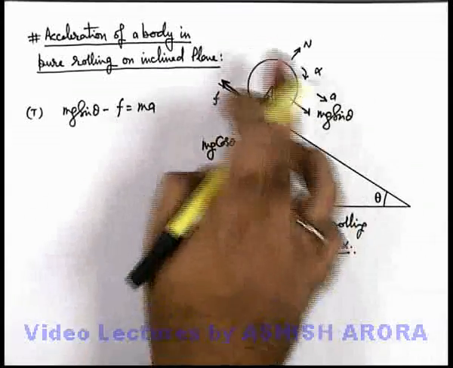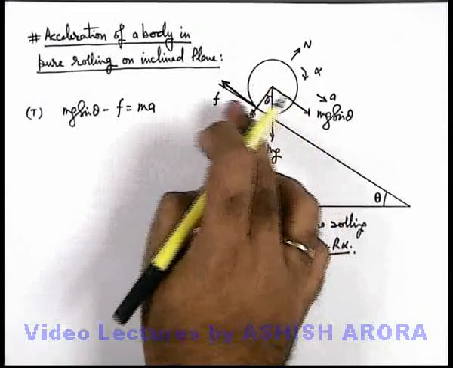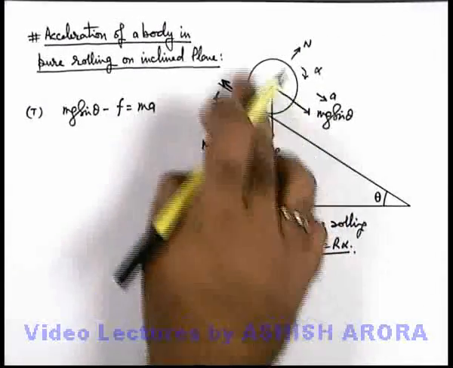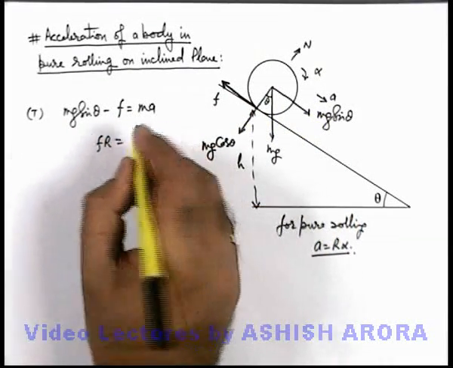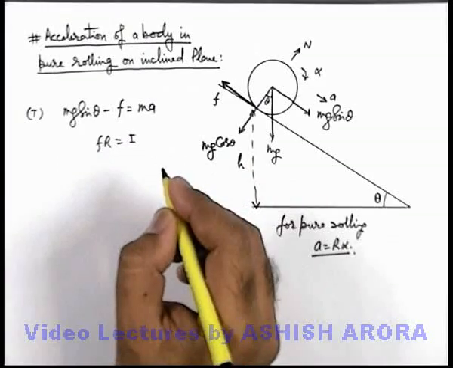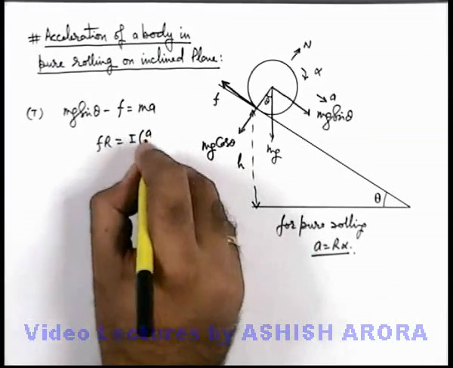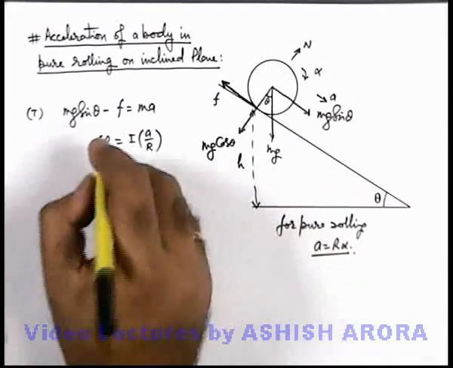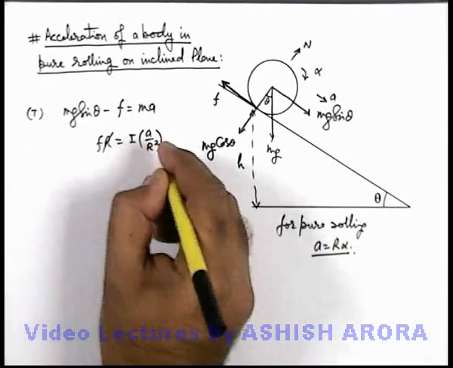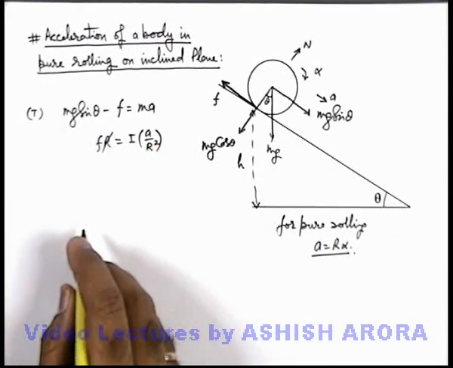For rotational motion, the only torque is provided by the friction. Here we can write Fr equals I alpha. Angular acceleration we can write as a by r, as the body is in pure rolling. This r we can cancel and take on the other side of equality.